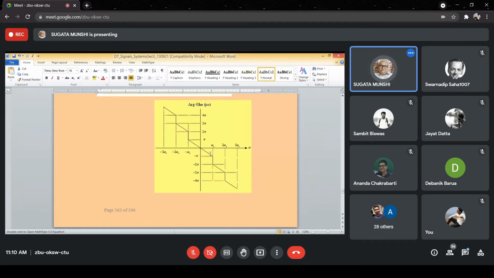Say this part, straight line, then it will become 0 from omega s to twice omega s. Again, it will rise linearly. Again, it will become 0. In this way also, it can continue. Or what? Twice pi. Yes, twice pi. Think about what are the other possibilities.